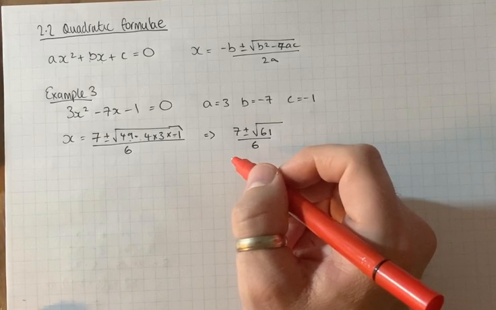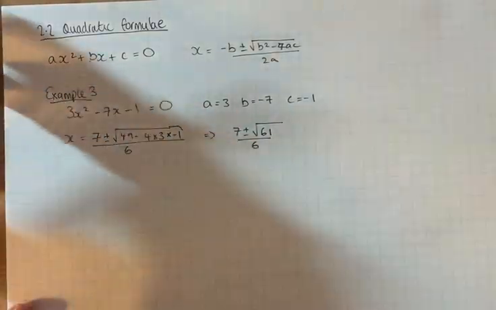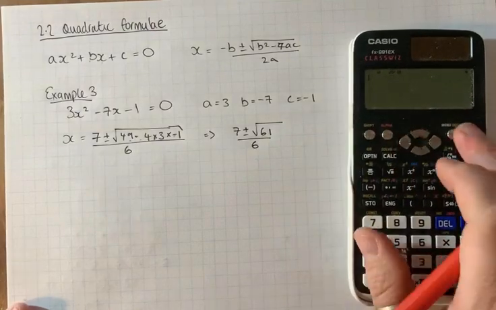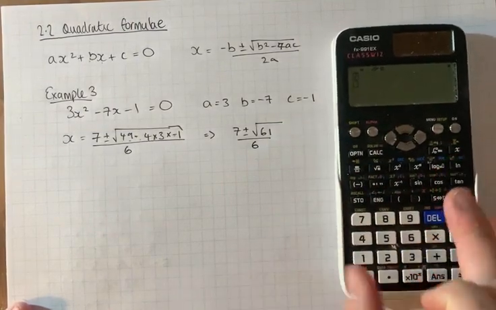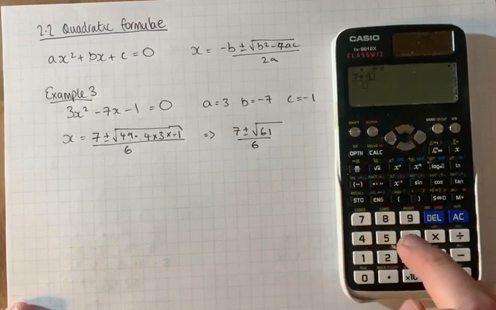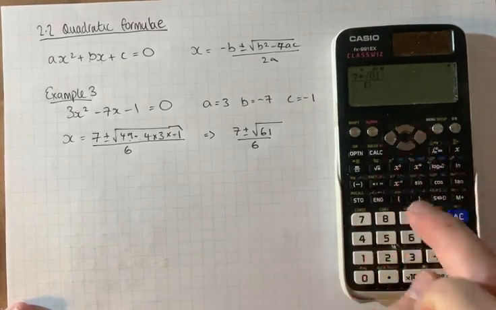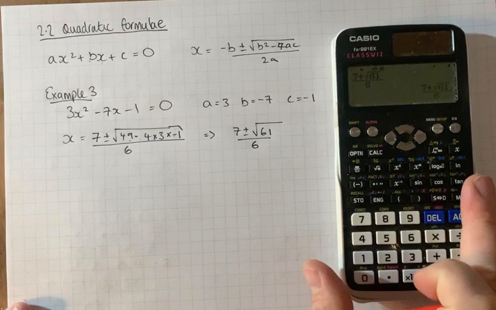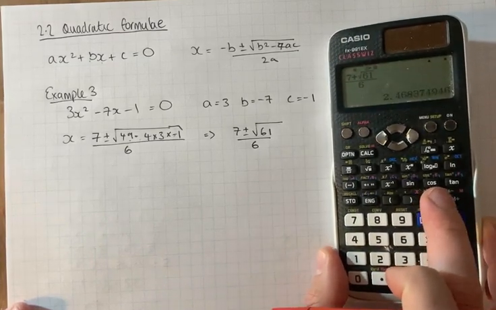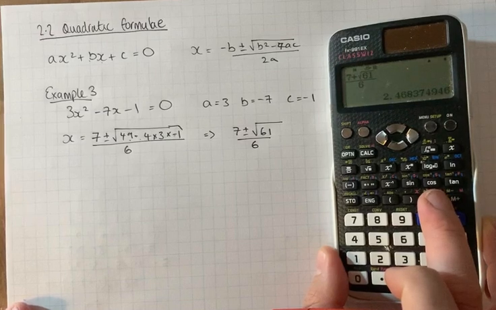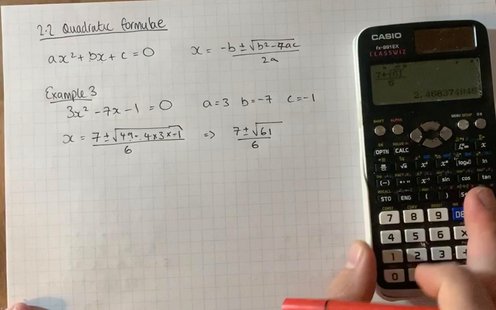Now this question didn't say, so we'll also give them to three sig figs. So fraction button, 7 plus square root 61, all divided by 6. Press the S to D button, that's the decimal button. So to two decimal places, say, or 3 sig figs, 2.47.